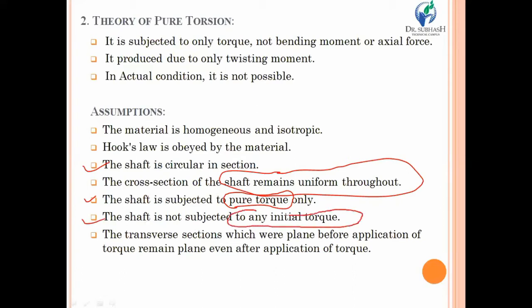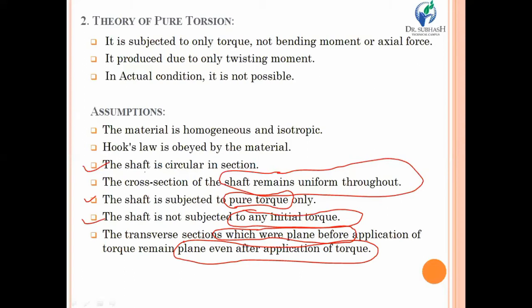That means no initial or starting torque is available while designing your transmission shaft. And the cross section that you have selected for the shaft was plane before the application of torque, and the same cross section will remain plane even after you have applied the torque. That means before and after application of torque, the cross section of the shaft will remain plane.